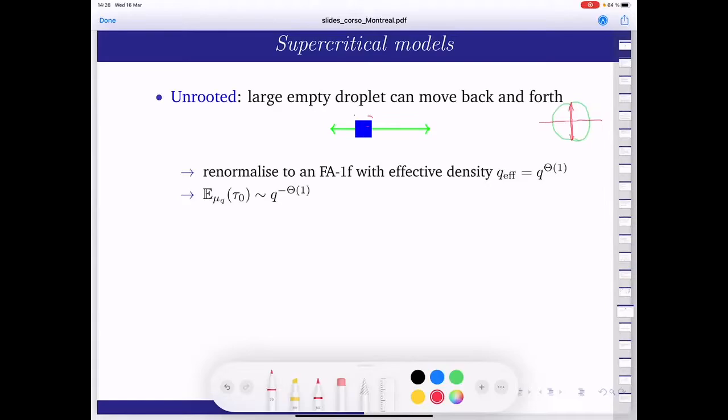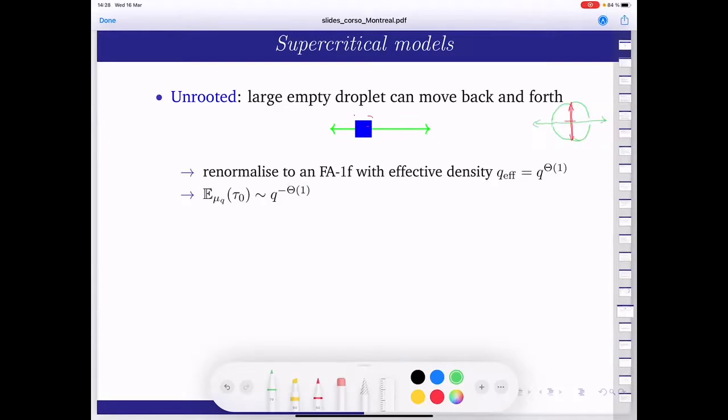Oh, sorry, it should not be red, otherwise it's confusing. So along these directions, the direction which divides in half this semicircle, I can move this droplet back and forth.